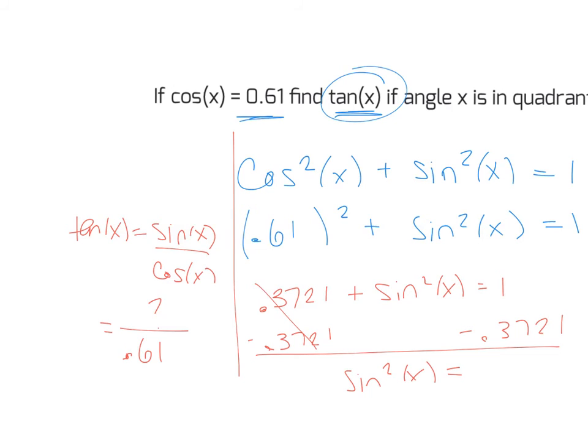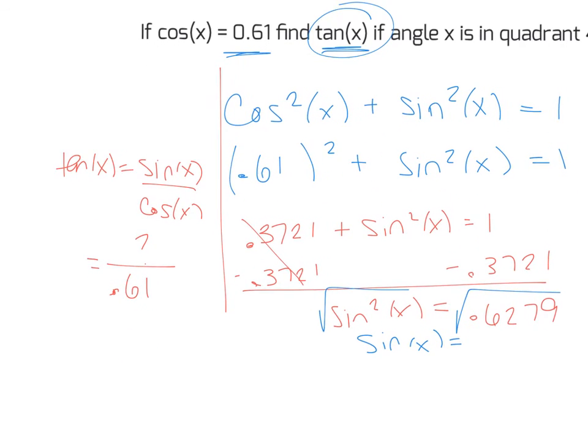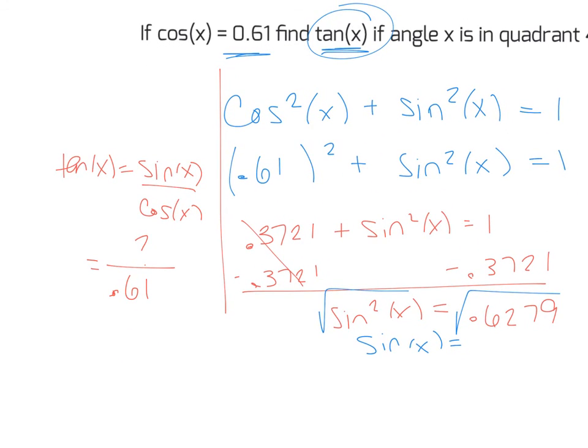I end up getting 0.6279. Then I'm going to take the square root of this, and I get sine of x equals 0.7924.